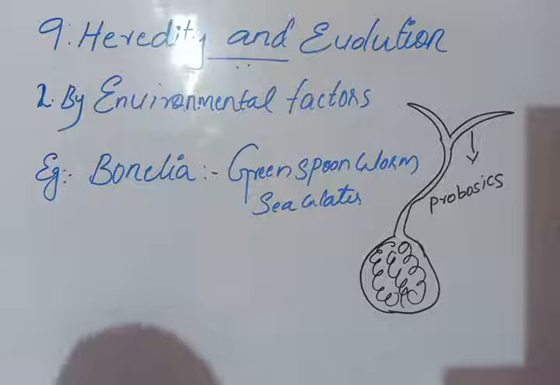Okay, so what is the condition to become male and female? Let us discuss. Suppose the larvae of Bonellia remain free in the sea water and settle down on the sea bottom.